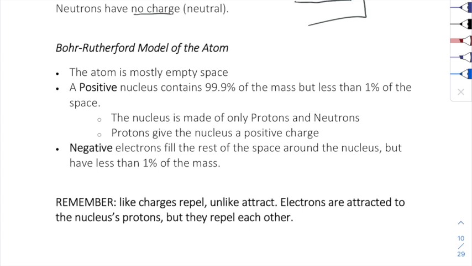Now electrons are negative and protons are positive. Because like charges repel and unlike charges attract, we can make the idea that this positive center of the atom is attracting these negative electrons inwards.